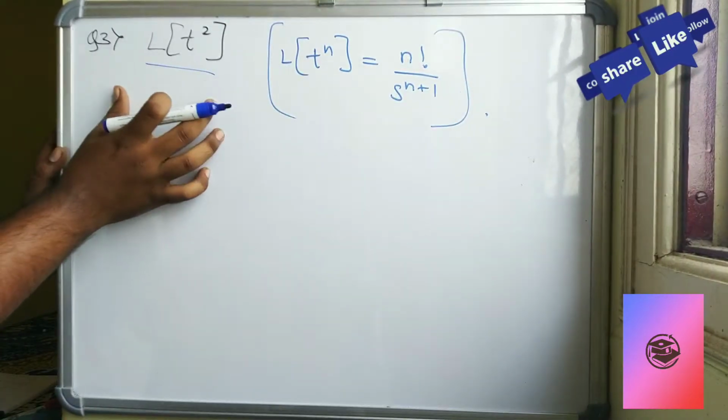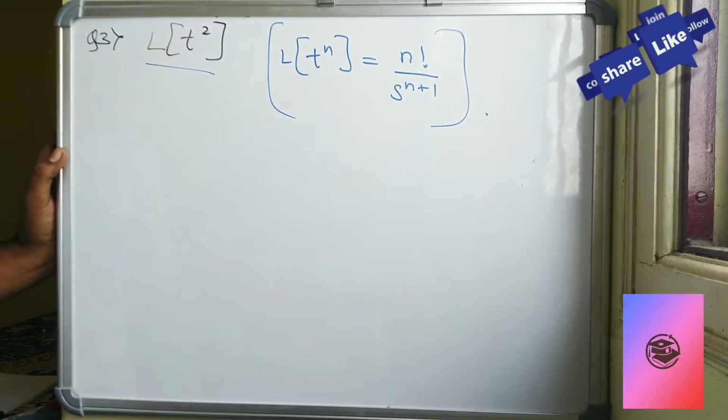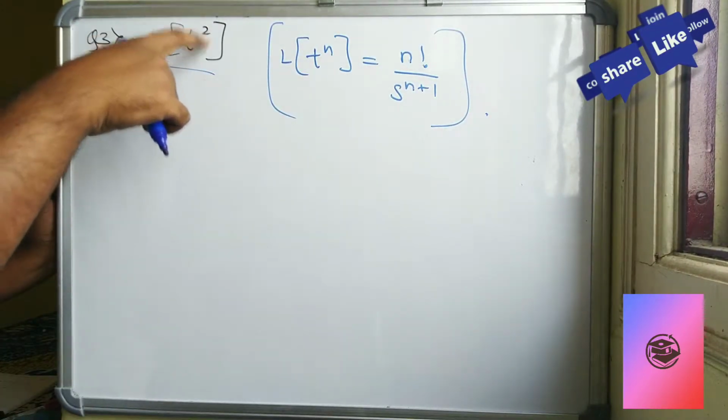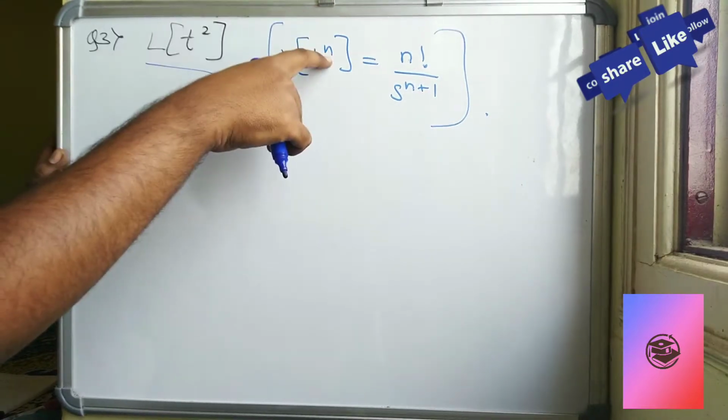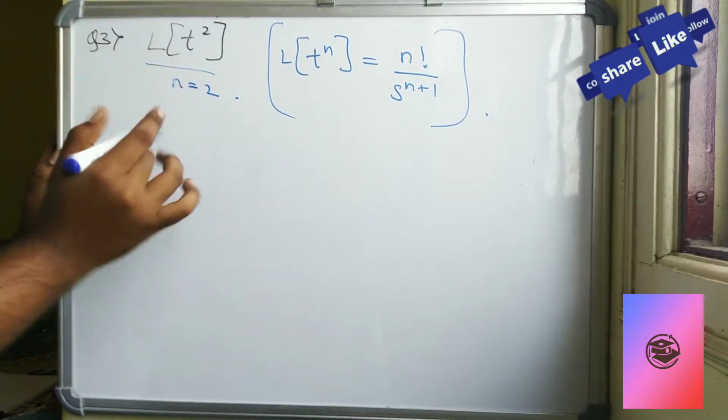Now try to compare the standard formula with this question. It is t power 2, so in place of n it is 2. So n equals 2, and now you can directly write.